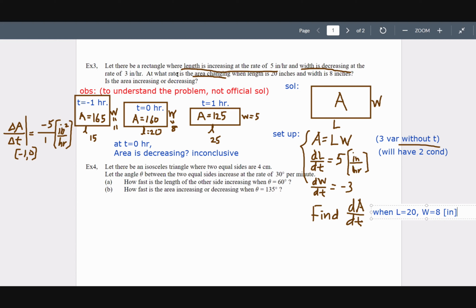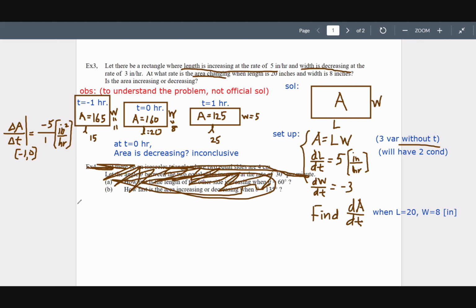No questions. So I'm going to erase all this for now, and I'm just going to use all the space. So now how do you actually solve this? Well, we apply d/dt to both sides.